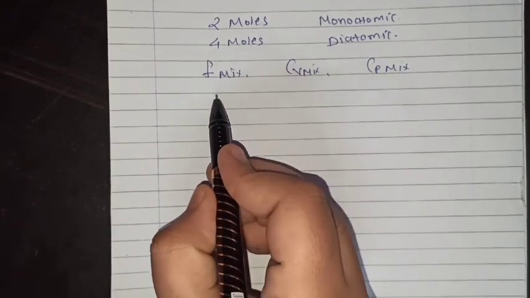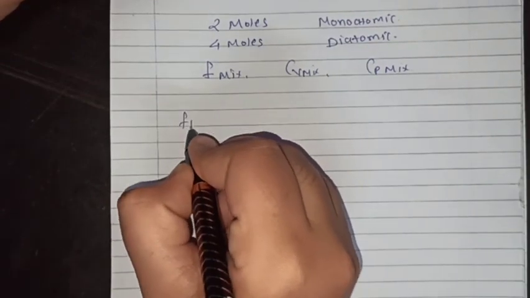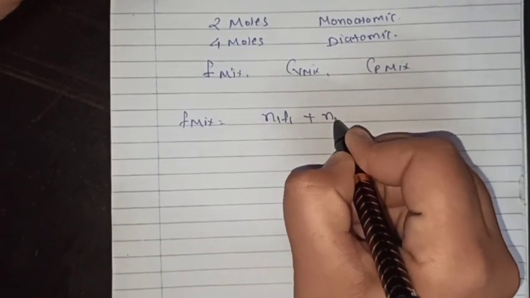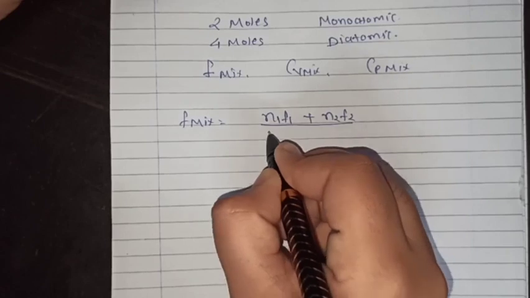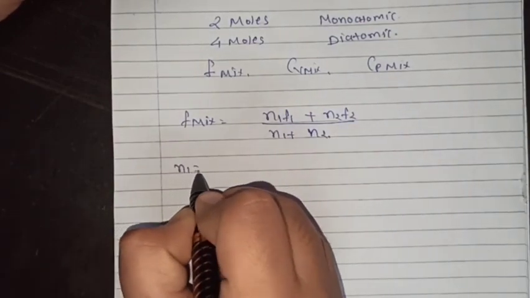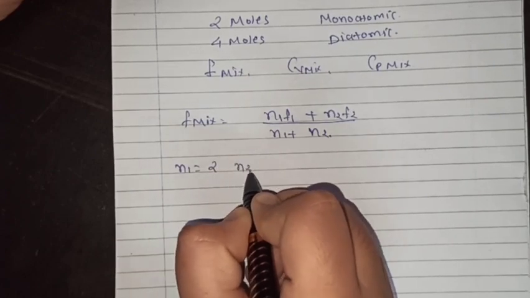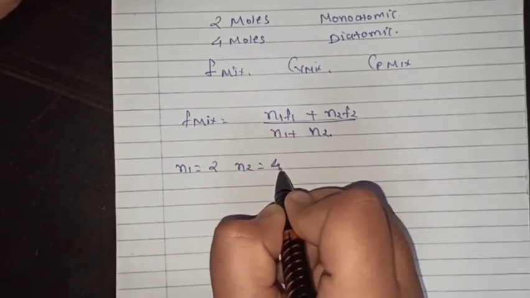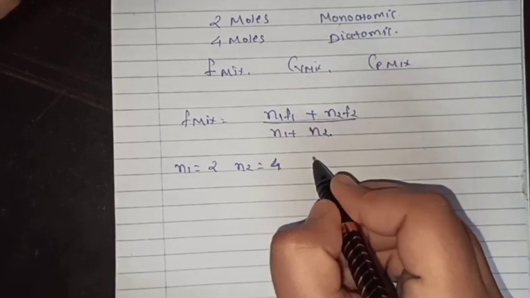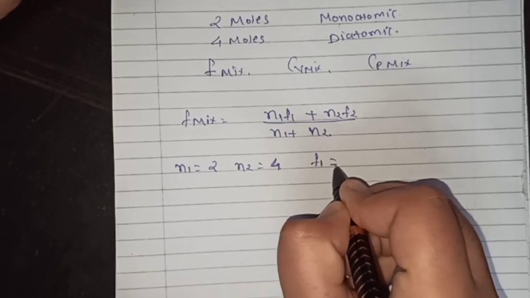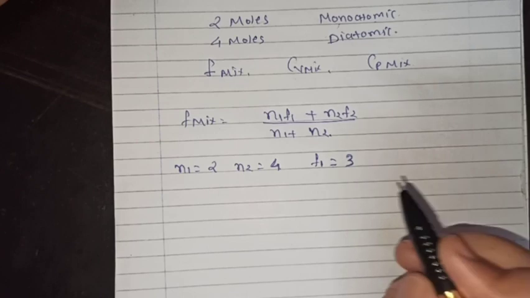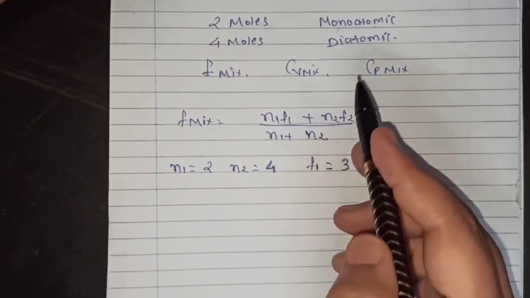The degree of freedom can be written as F mixture is equal to (N1 F1 plus N2 F2) upon (N1 plus N2). Here N1 is equal to 2, N2 is equal to 4. The first gas is monoatomic gas. For monoatomic gas, degrees of freedom are only 3 translational, so the degree of freedom will be 3. The second gas is diatomic gas.